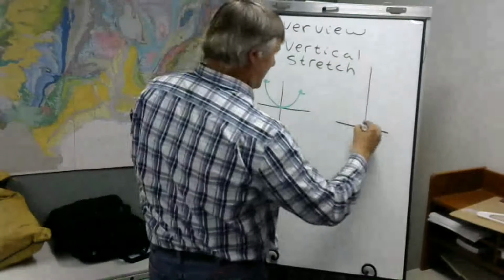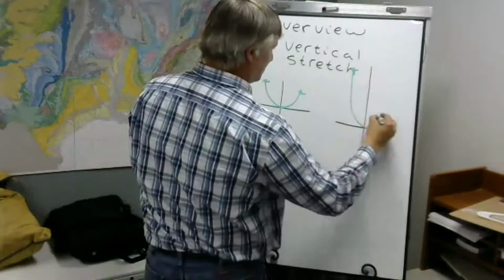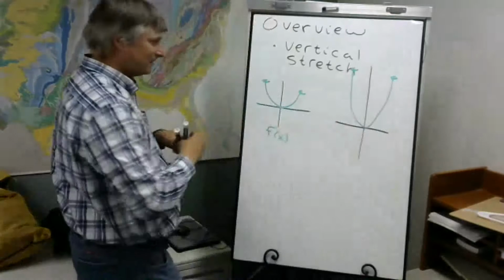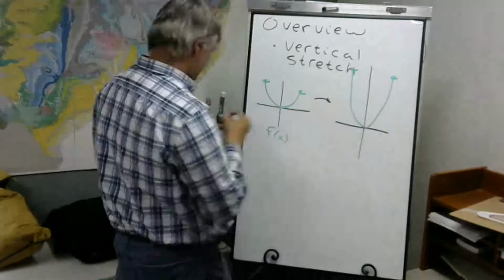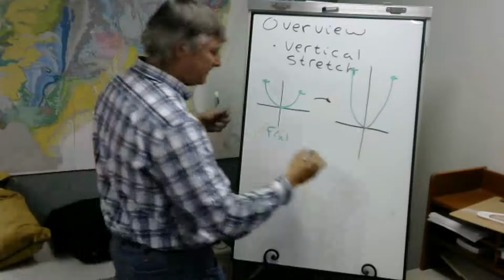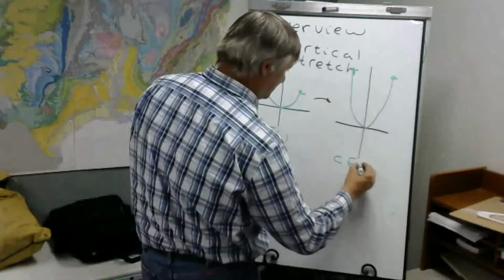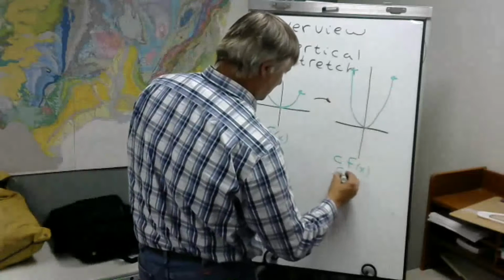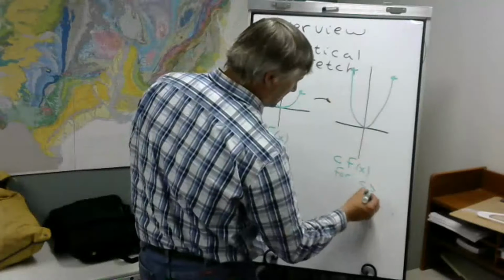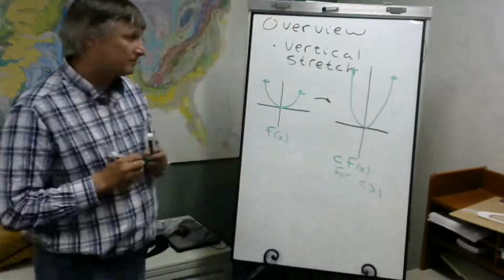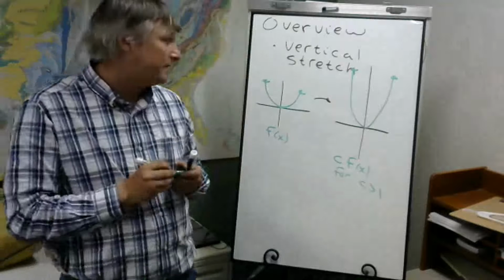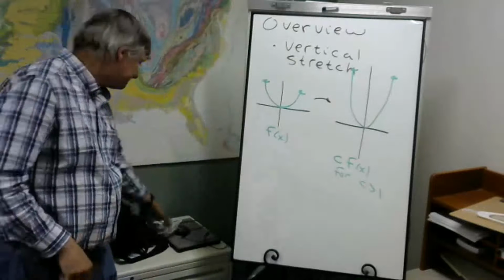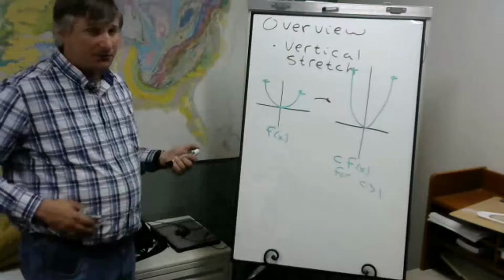We're going to stretch this parabola, like so. And the way we do that, we multiply f of x by a positive c. We'll make c greater than 1 in this case. So that's a vertical stretch.